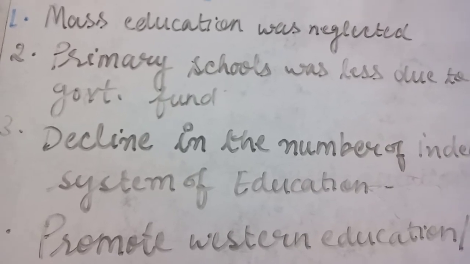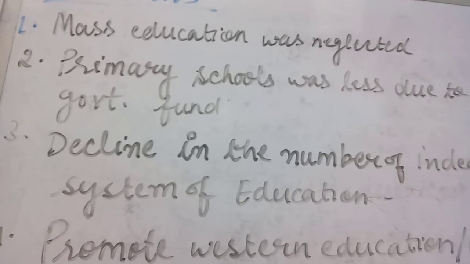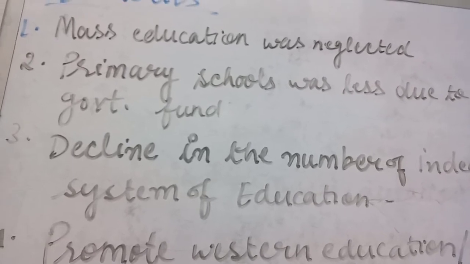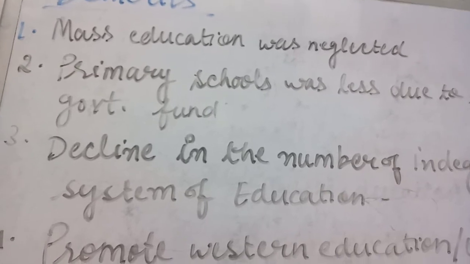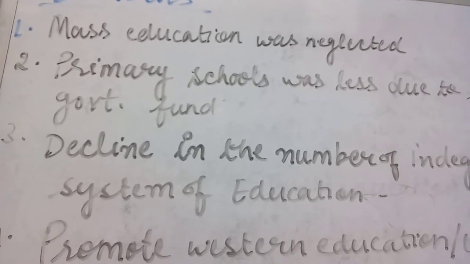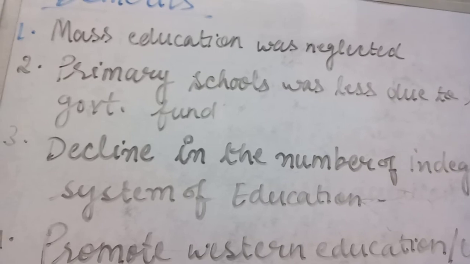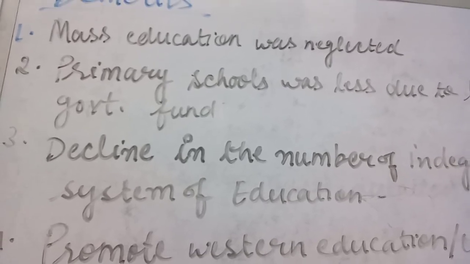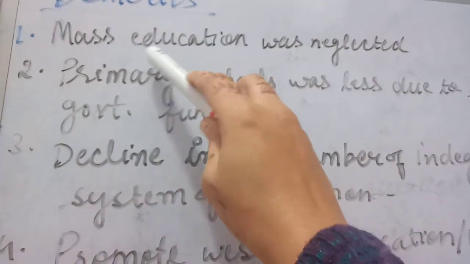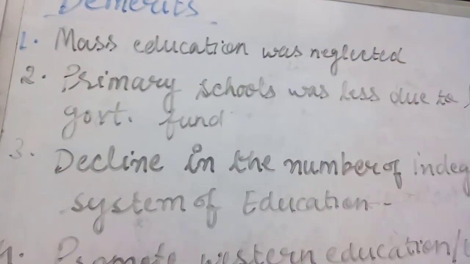It adopted the downward filtration theory, because it was believed that education would filter down from the upper and middle class to the masses, and the educated upper class would help in the spread of education among the masses. But it did not happen.